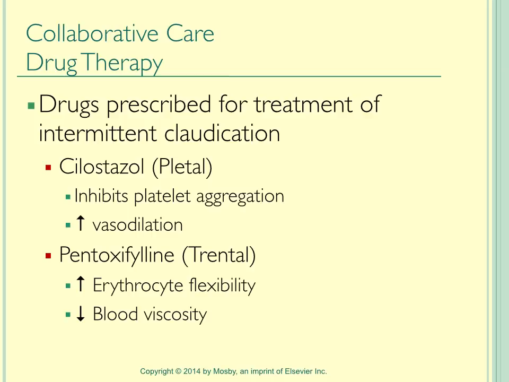It inhibits platelet aggregation and it also increases vasodilation. So by increasing vasodilation, it promotes blood flow through those arteries. Trental improves erythrocyte flexibility and decreases the thickness of the blood, thereby promoting blood flow through the vessels.